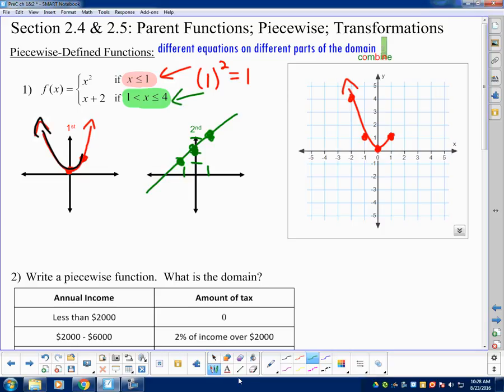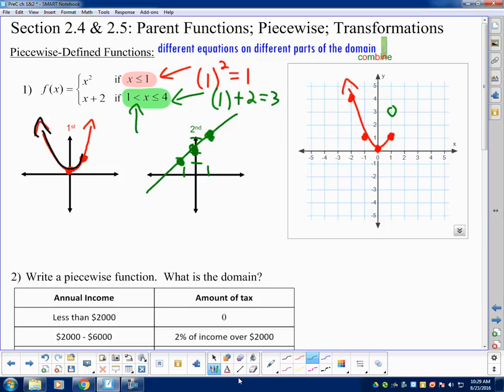Now I'm still going to plug it in. If I plugged it in to my function, 1 plus 2 would give me 3. So when x equals 1, on the second function I'm all the way up at 3, and I put an open circle there because this is saying x is strictly greater than 1.